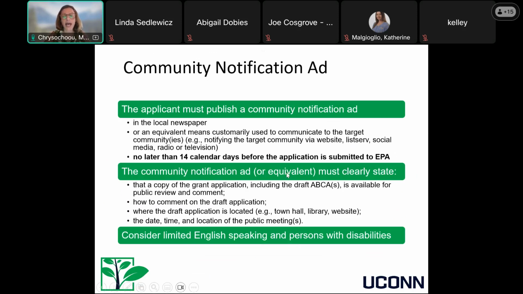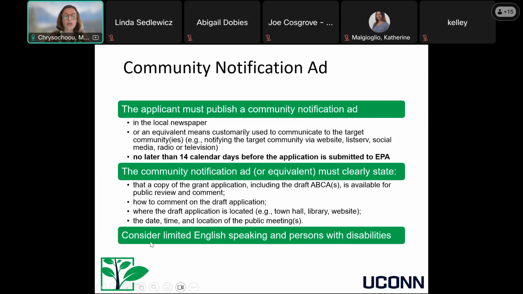And that ad must state that a copy of the grant application, including the draft ABCA, is available for public review and comment. What is the process to view and comment on the draft application, where it is located in physical or digital print, town hall, library, website, and the ad must state the date, the time, and the location of the public meetings.